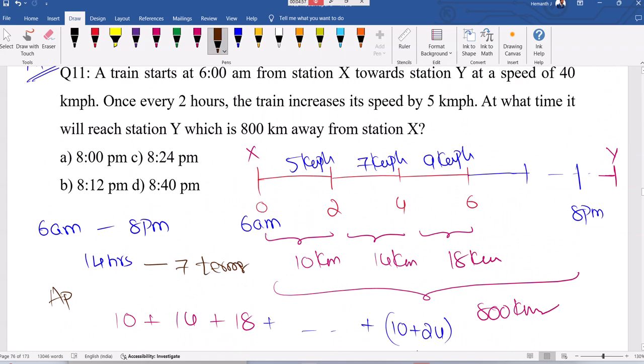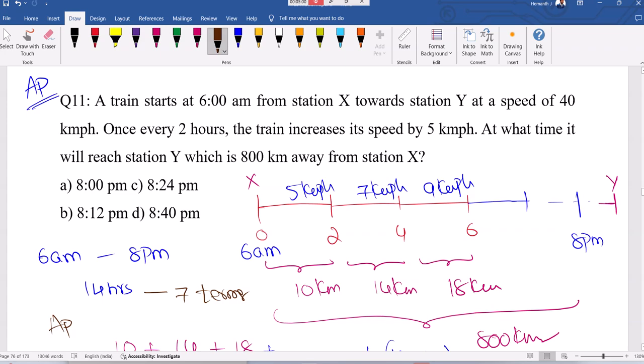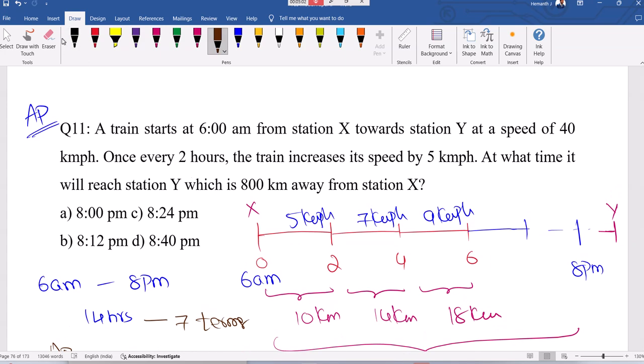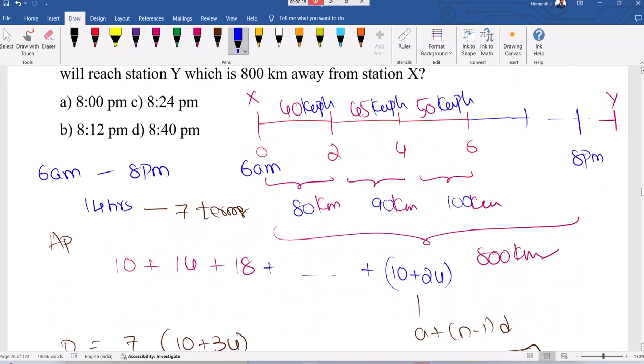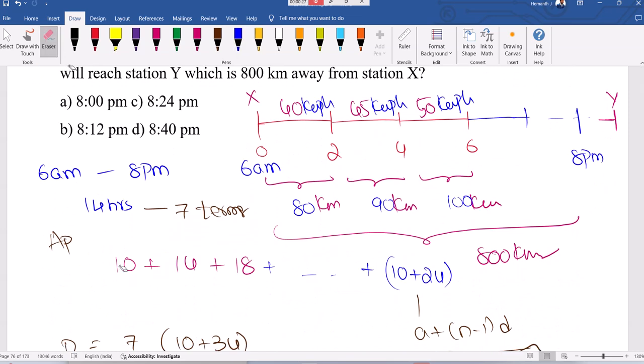6 a.m. today. Okay, initial speed is 40. So initially speed is 40, increased by 5 every time: 40, 45, 50, like that. So every 2 hours this is 80, 90, 100. 7 terms will be involved.